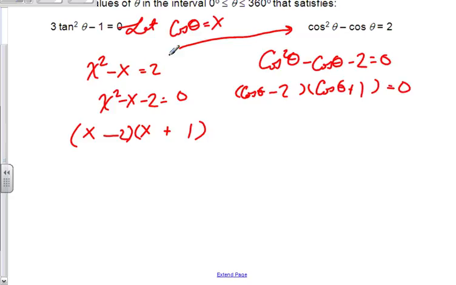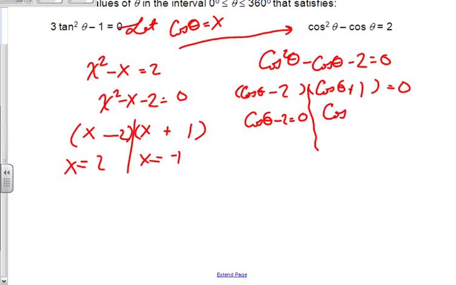You can even solve it right here and then say cosine theta equals x, sub it back, and you get the same problem. By the way, if we were to solve this, x equals 2 and x equals negative 1. Over here, we do the same thing: cosine theta minus 2 equals 0, and cosine theta plus 1 equals 0.